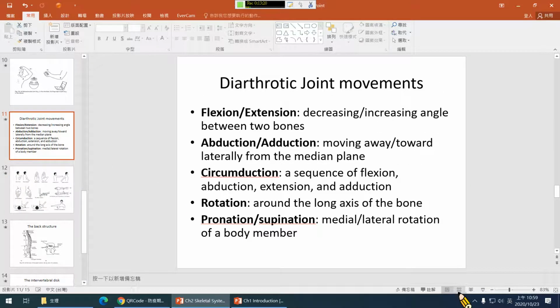Okay, let's now go to abduction, adduction. Abduct is some kind of action, trying to move something away.